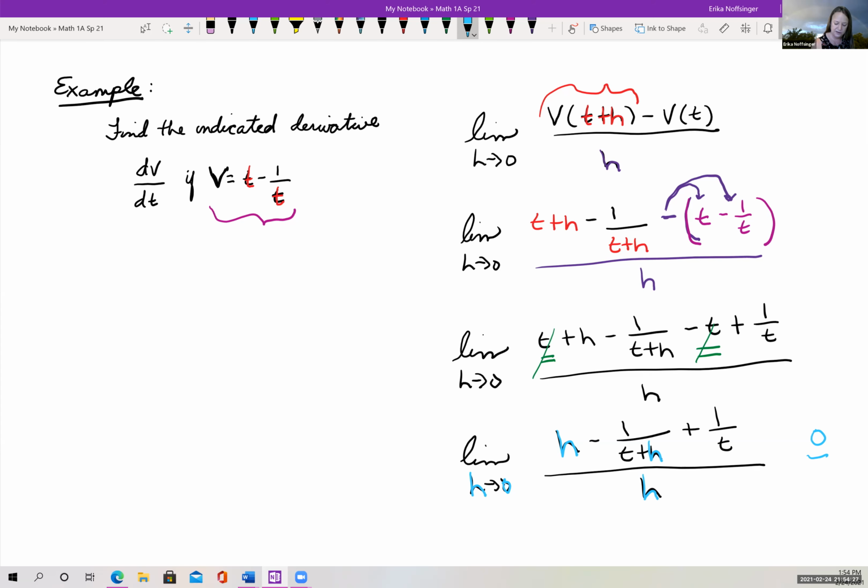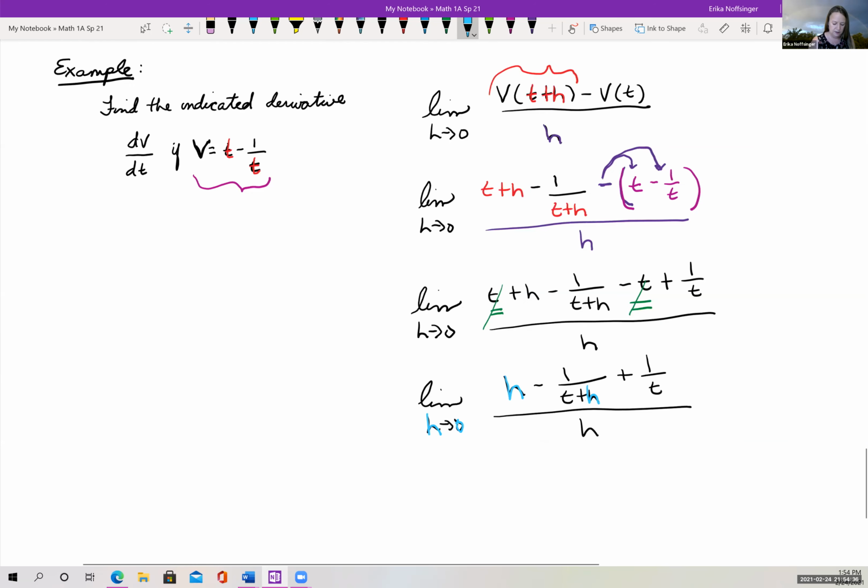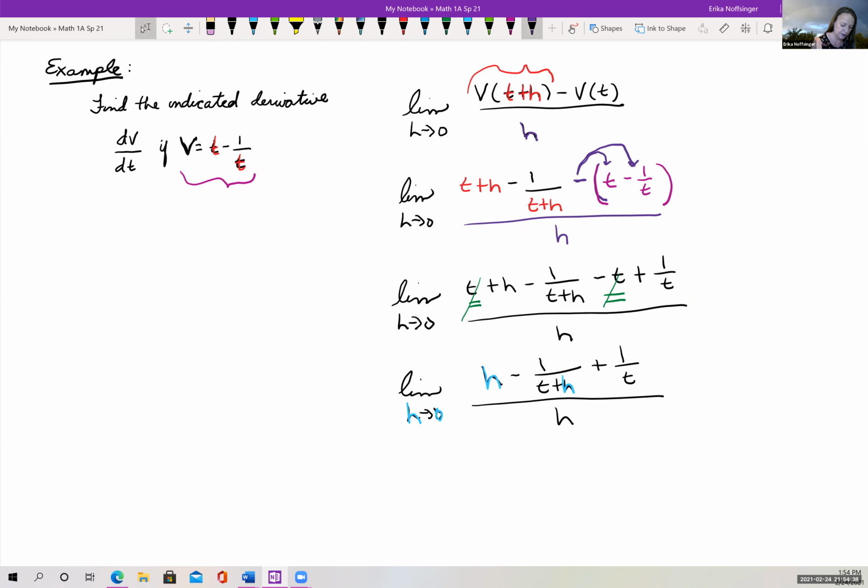We needed to go back and manipulate this. If we had a complex fraction, that is where we multiply by what I call a fancy one. We look at all the fractions within that main fraction, and we multiply by the LCD. Our LCD in this case is t, times the quantity t plus h.